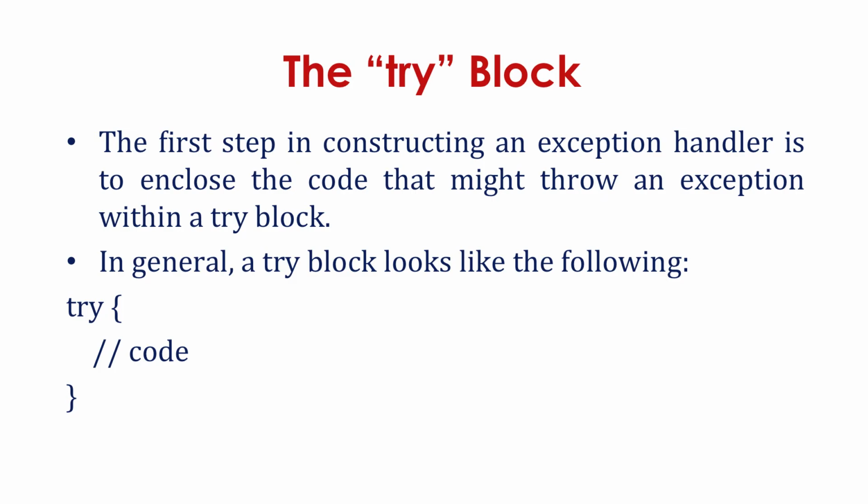That is the first responsibility of a programmer. He or she should know the probable place where the exception may occur. So we should try to enclose such block of code inside the try block as mentioned here.